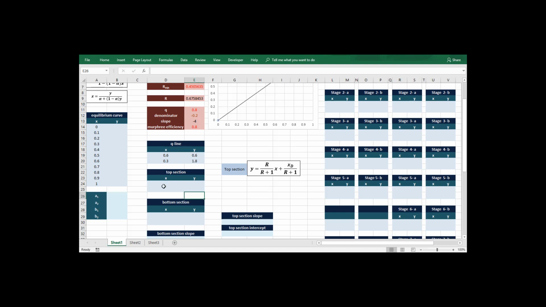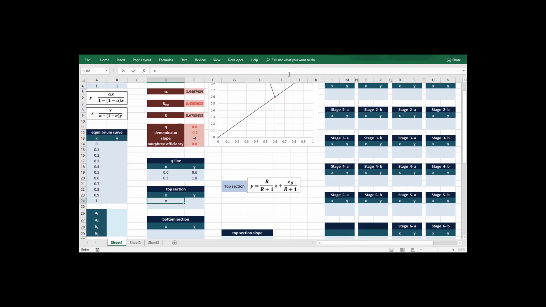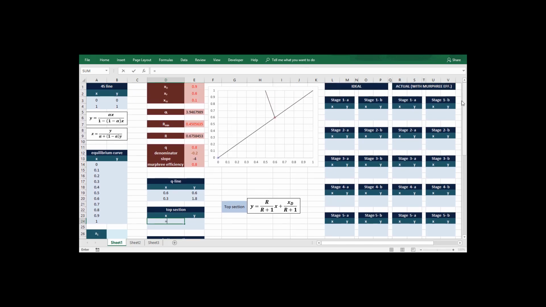The next thing to draw is the top section. The initial X and Y will be equal to the composition in the distillate, XD.